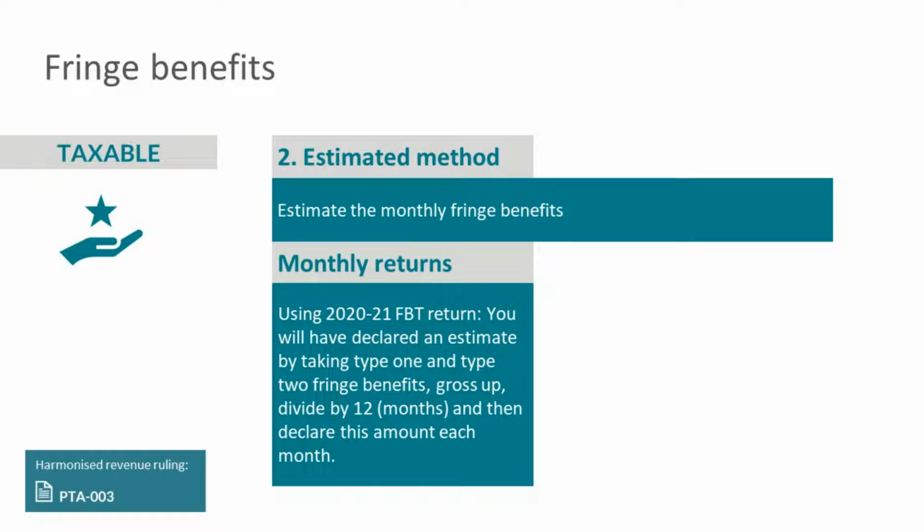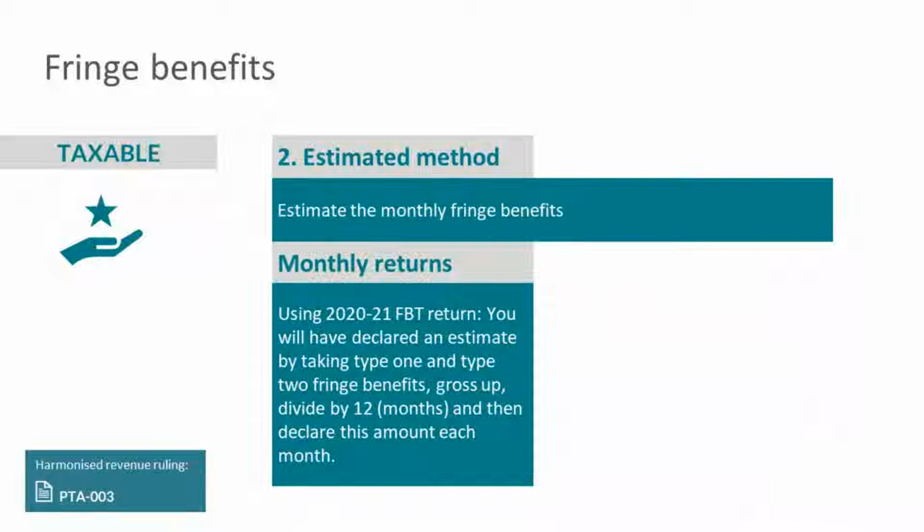For the monthly returns, you take the previous year's fringe benefits tax return, add together the Type 1 and Type 2 fringe benefits, gross up by the Type 2 factor, and divide by 12 because there are 12 months in the year.